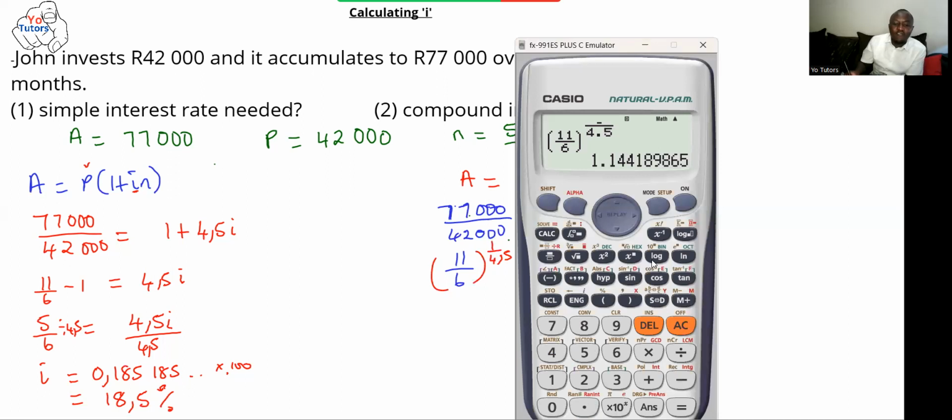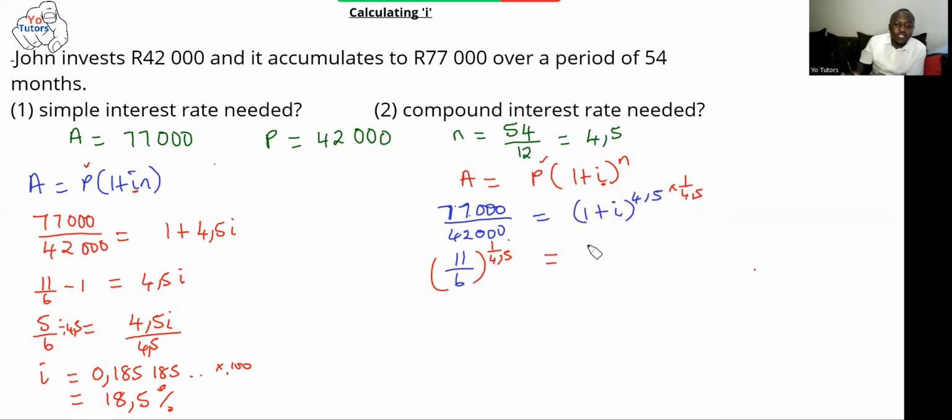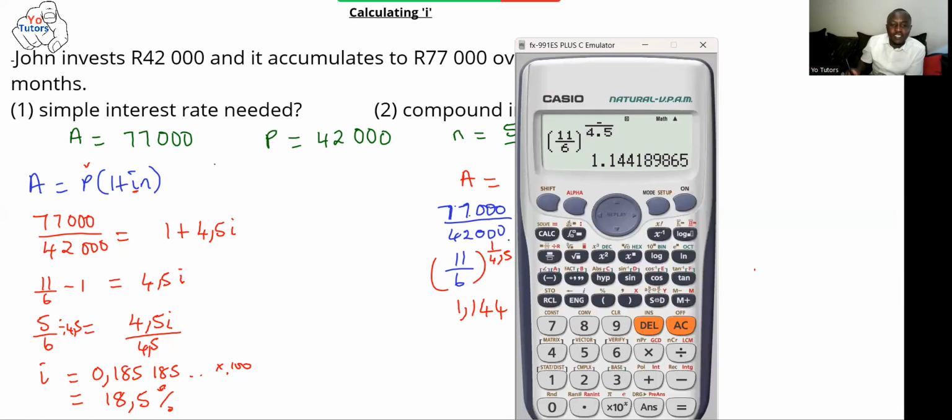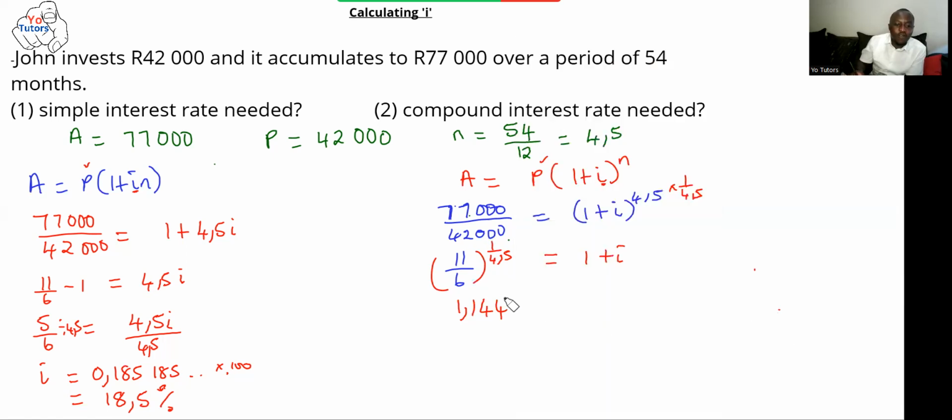11 over 6 to the power of 1 over 4,5 is going to give you 1,144, and it goes on like that. So 1,144 is equal to 1 plus our I. We can just leave it like that.